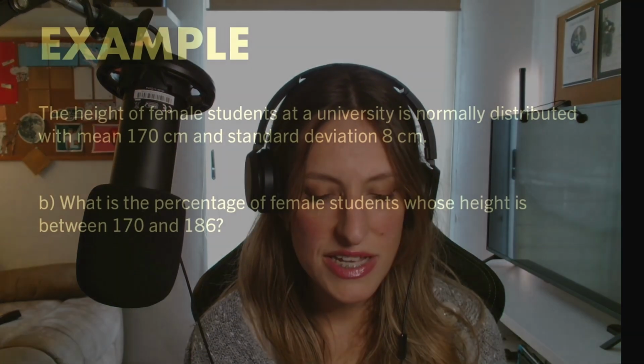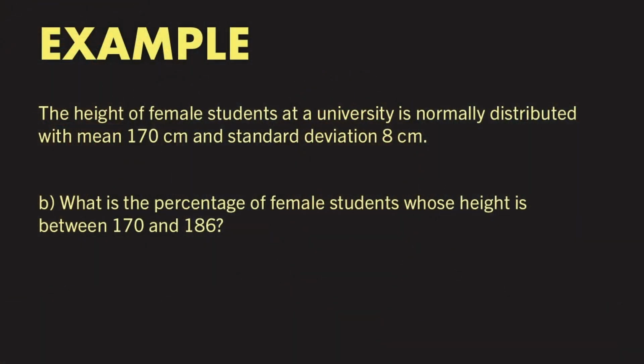Let's say they ask us for the probability of x being between 170 and 186 centimeters. In this case now I have to stack two of these parts because 186 is 2 standard deviations from the mean.